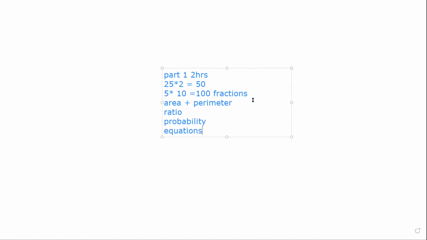So fractions, which is what we are going to discuss today, is going to be a compulsory question in your Part 1 paper. Other than that, you will have a Part 2 paper. There you will get 2.5 hours, and you are going to get 12 questions, but you have to do 10 questions.